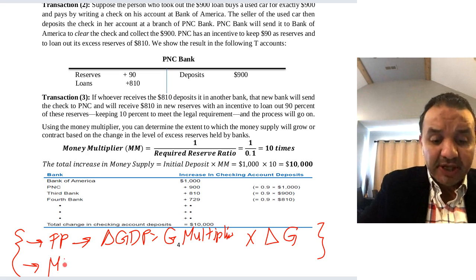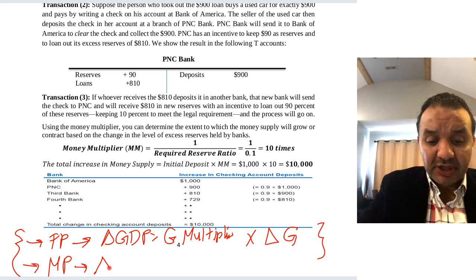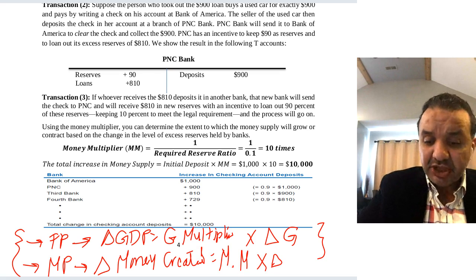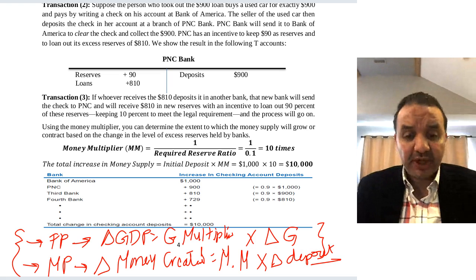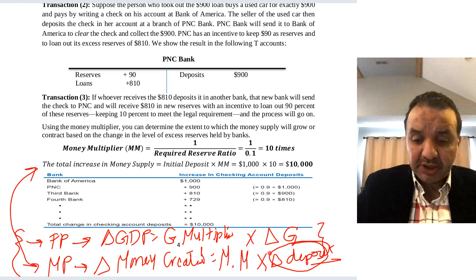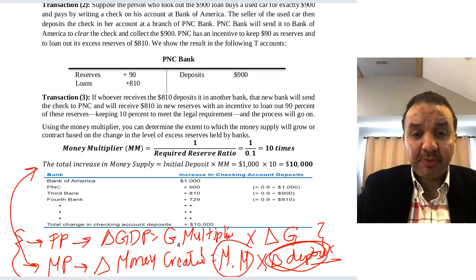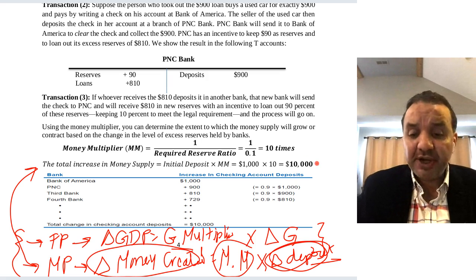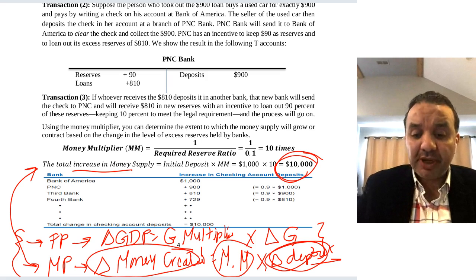Here, I'm explaining the monetary policy, and I'm saying the change in money created equals the money multiplier times the change in deposit. This is what I used here. The initial deposit was 1,000 multiplied by the money multiplier, which is 10. So the total money created, the total increase in money supply, equals 10,000.